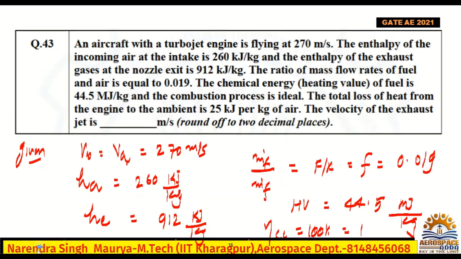So first I will draw the general turbojet engine, which is following the Brayton cycle. I will draw this Brayton cycle on a T-S diagram, with two pressure lines, compression and expansion. Air is entering at A, or you can say station 1, and this is station 2.